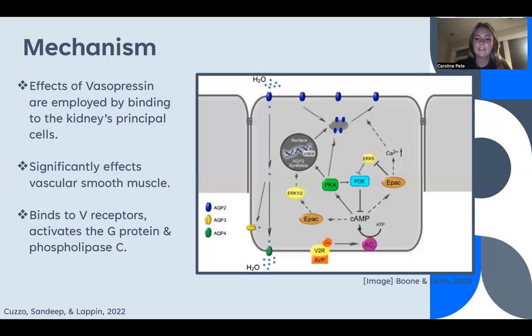This causes the signaling phosphorylation cascade to occur, leading to an increase in blood pressure. This mechanism, in addition to water reabsorption, elevates blood pressure. When there is insufficient arterial blood volume, this mechanism is important to the maintenance of tissue perfusion.